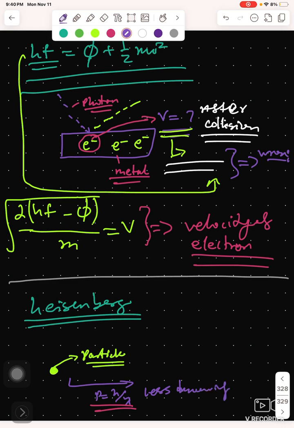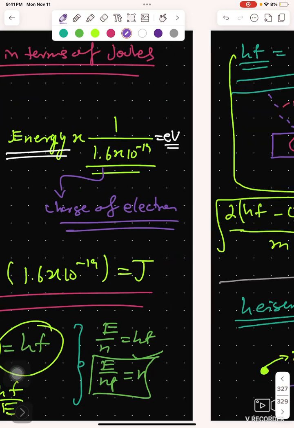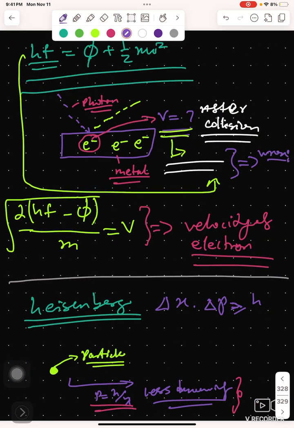Know that I'm not saying I don't know its momentum or its velocity at all. I said I'm less aware of it, which means the accuracy of measuring the momentum decreases. That's what I'm trying to say.